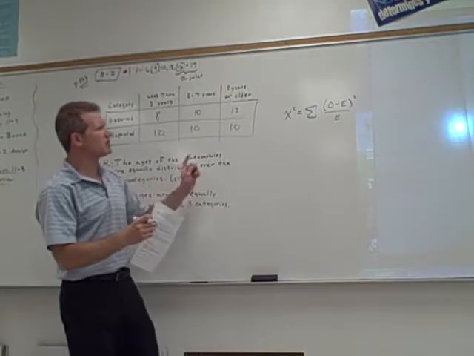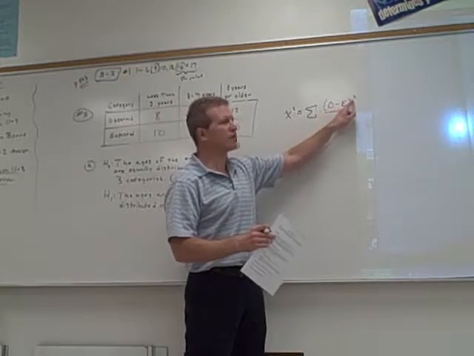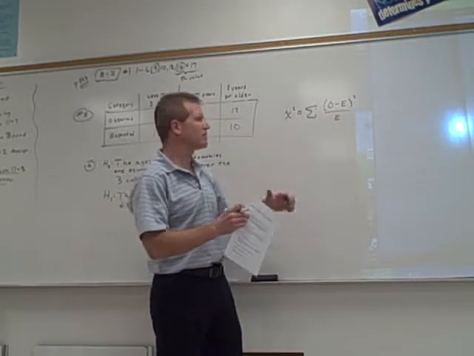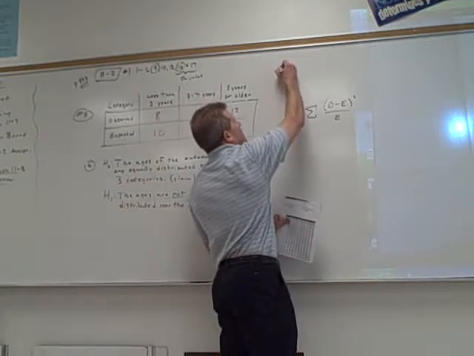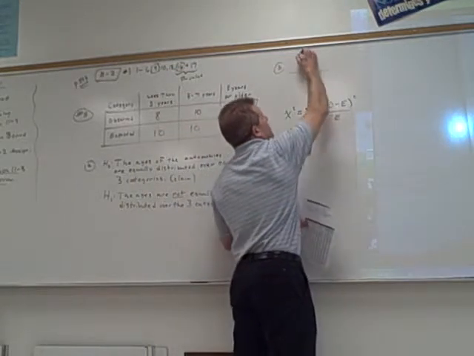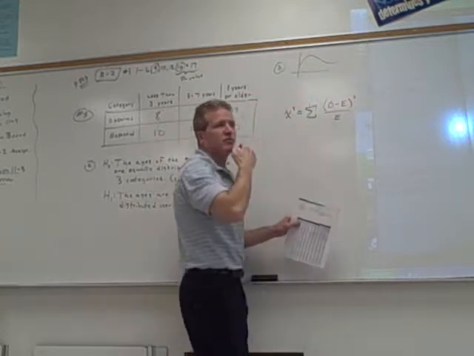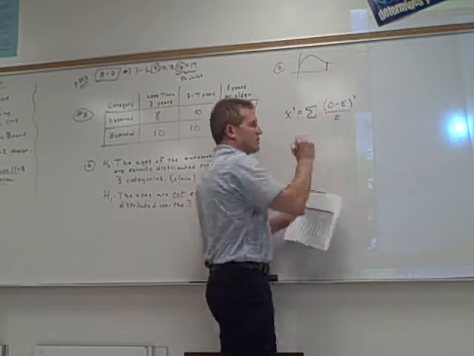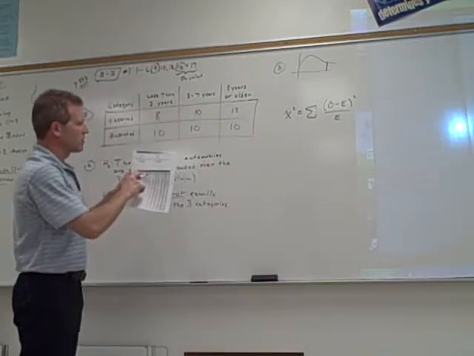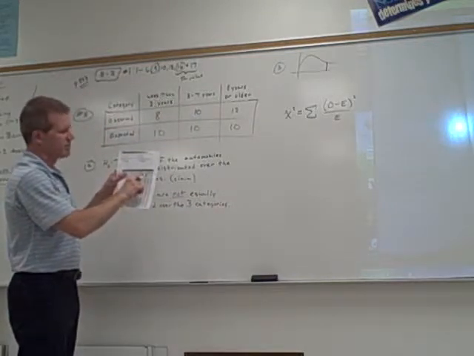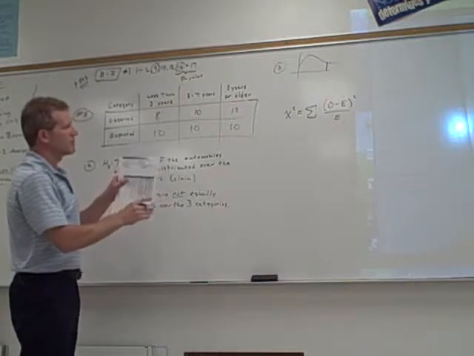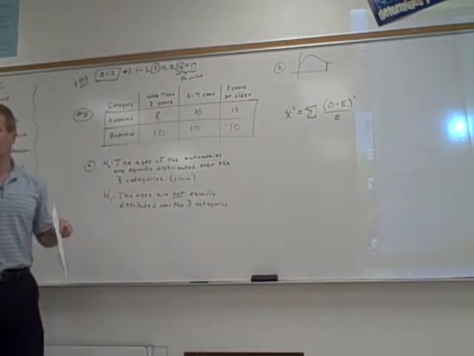Because of the way the formula is set up and that we're squaring things coming out, these are always going to be right-tailed tests. Okay? So when we look for our critical value, which is step B, the chi-squared distribution is generally skewed right. We're going to be looking over here on the right side. So on your table, you're going to go over to 0.05. Your degrees of freedom is the number of categories minus 1.